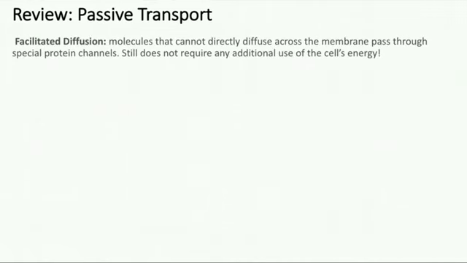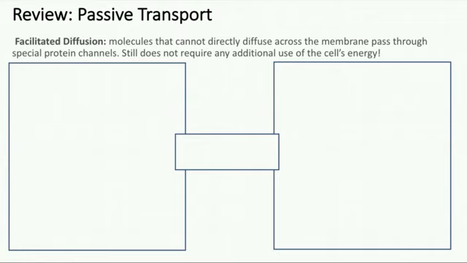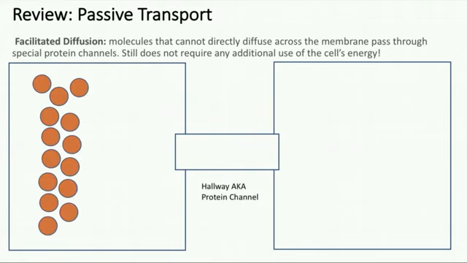Next one, facilitated diffusion. The only difference between diffusion and facilitated diffusion is a protein channel. So here I have my students, my hallway, also known as a protein channel. All of my students have free rein of my classroom and the hallway to the outside. I say, students, today you can move and work wherever you want.